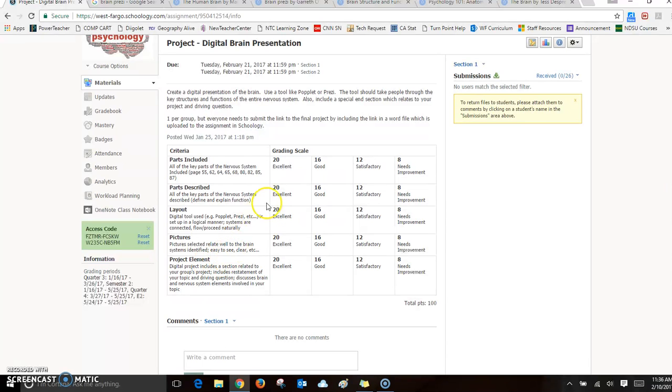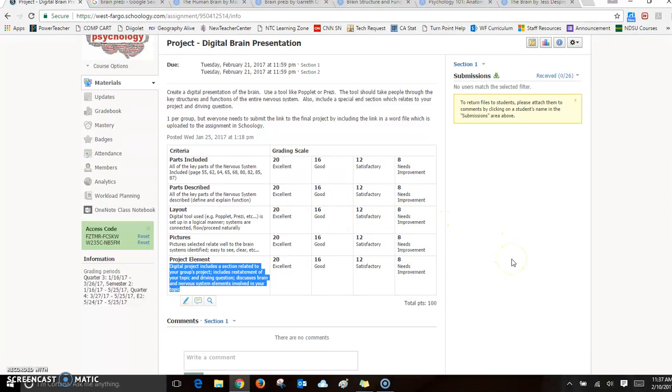Now, in addition to that, you also have to make sure that you relate this to your specific group project. So if you have something that talks about how traumatic brain injuries or concussions affect the brain, you then would have a section of your digital brain presentation where you specifically go through how concussions affect the brain, and then also talk about how that makes learning more difficult, and specifically you need to mention which systems of the brain are thought to be affected by this piece, okay?